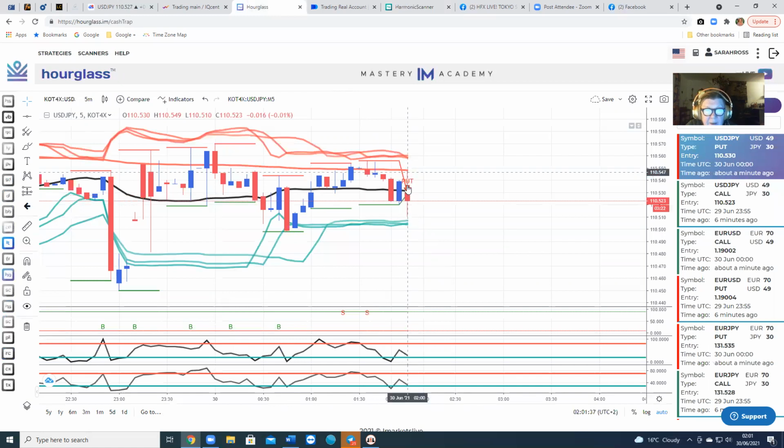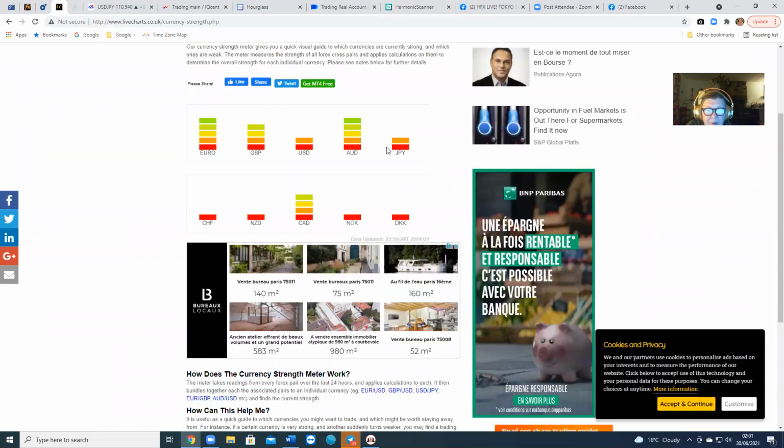And there's that wick. This is on the 5 minutes, doing the same sort of thing. So really, we want to avoid this because we've got that 200 moving average, but it's not a brilliant setup because these are both the same there.